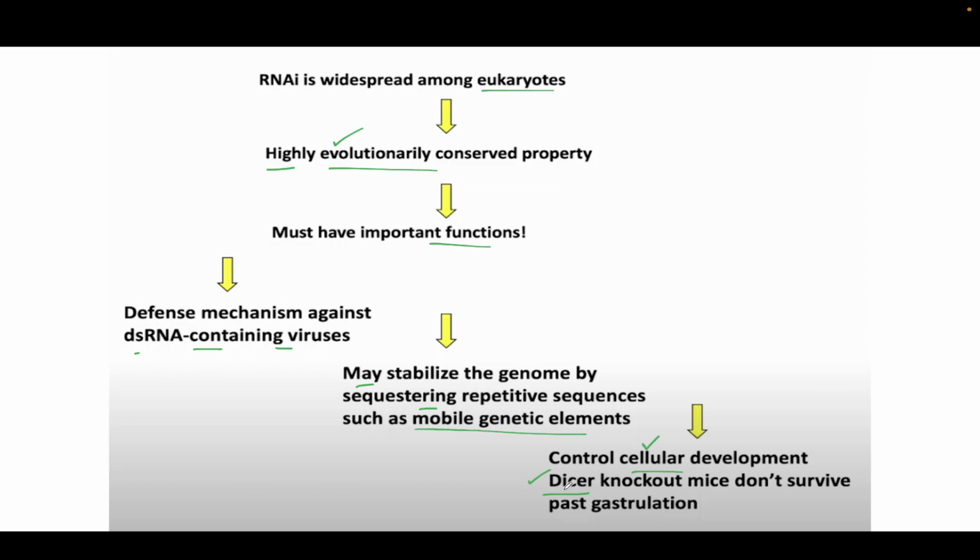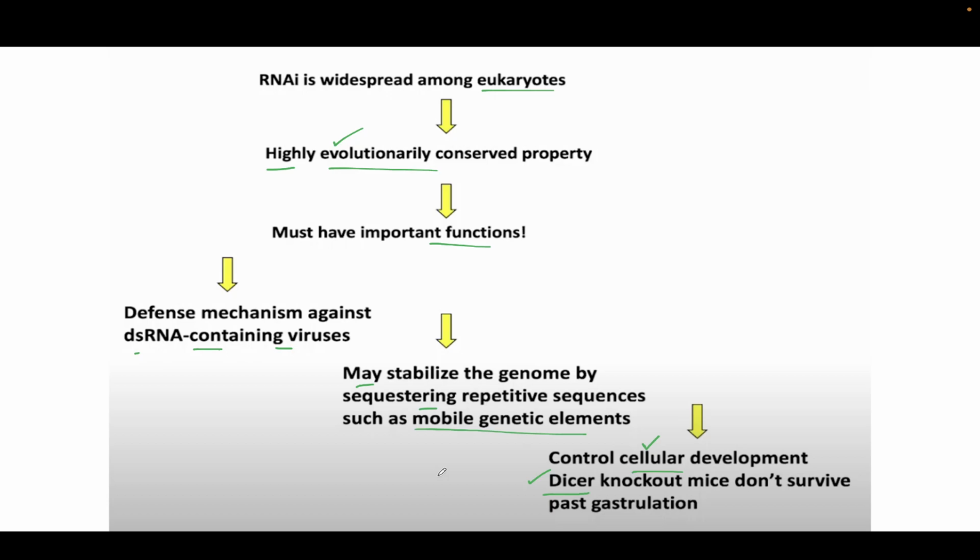When it has been found that there is a knockout of dicer, that means when we knock out this particular dicer enzyme in mice, then the mice don't survive after the gastrulation period. So from this experiment it has been confirmed that it regulates the cellular development process. What is the development process? That is from zygote then moving towards embryo, then fetus, then a whole organism. Okay, this is the development process. It also helps in that case also.